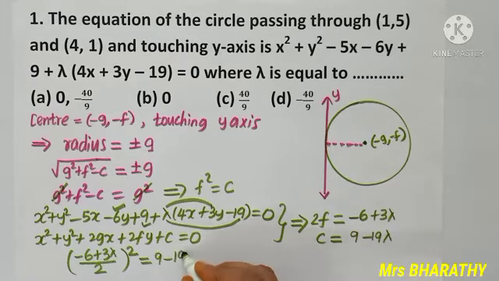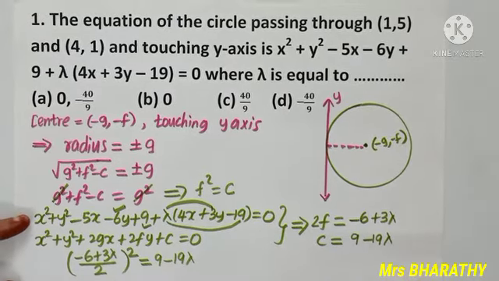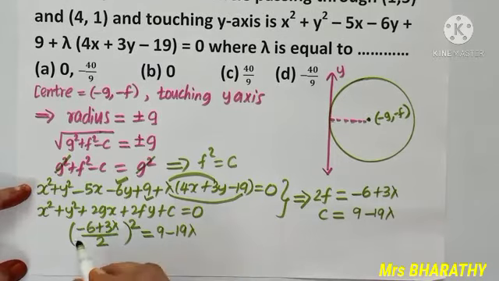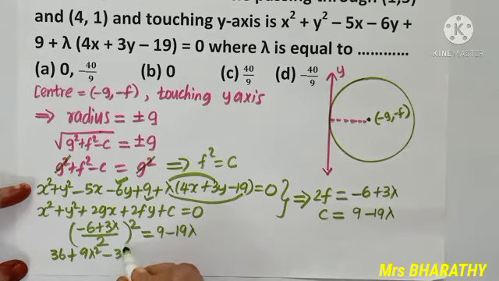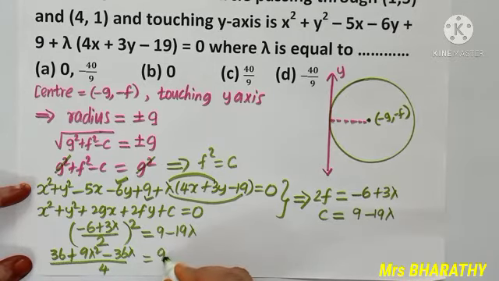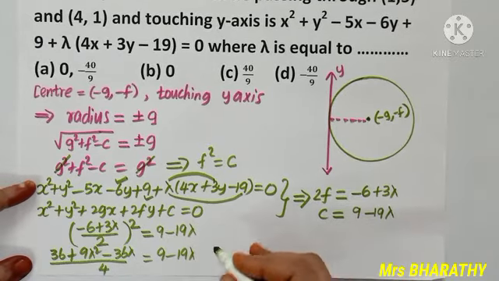9 minus 19 lambda. As I square and simplify, 6 square, 3 lambda the whole square minus 2 into 6 into 3 lambda, that is 36 lambda, divided by 2 square is 4, equals 9 minus 19 lambda.